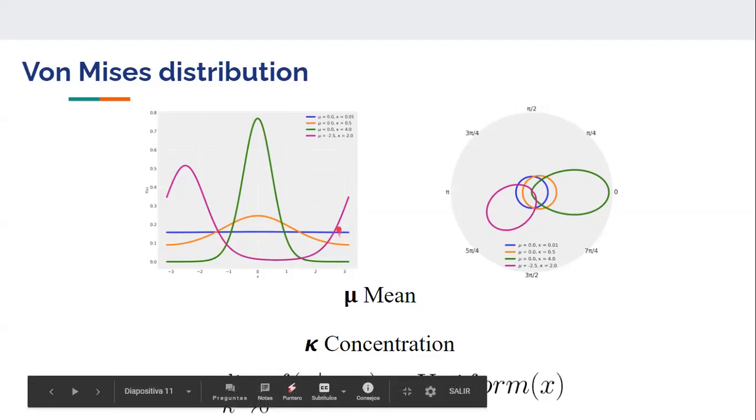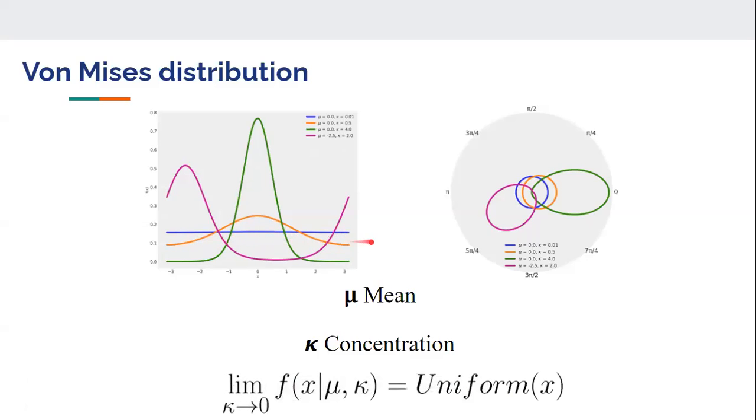And this may be more apparent on the linear representation on the left. As the kappa parameter increases, the density will concentrate around the mean.